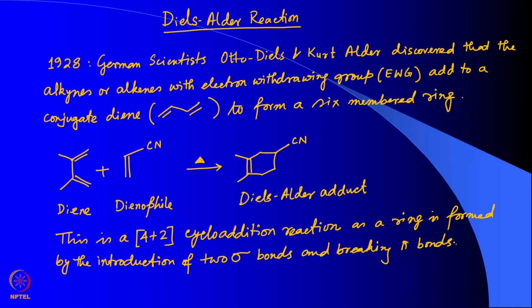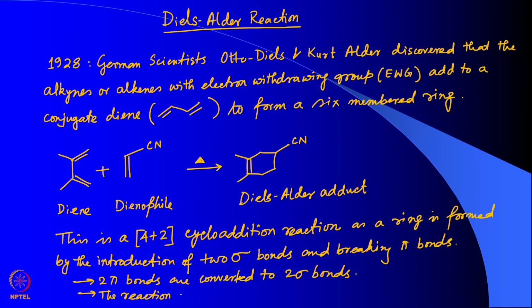So now what happens is 2 pi bonds are converted to 2 sigma bonds, and the reaction takes place in a concerted process.